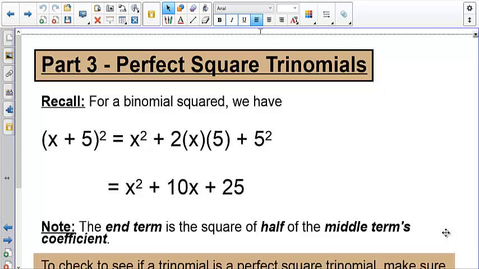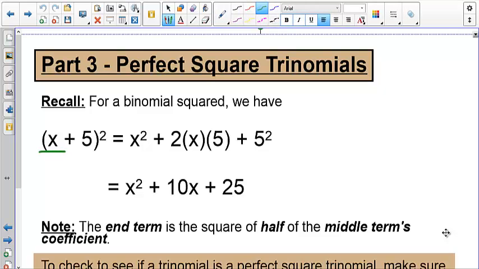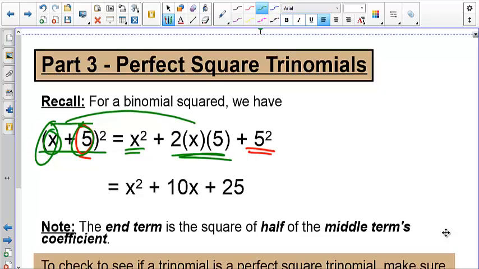So perfect square trinomials work like this. You'll remember from our special products lessons that when we had (x + 5) squared, like we do here, and we were to expand that, we'd expand it by taking the first term squared, the second term squared, and then multiplying the two terms together and multiplying by 2.